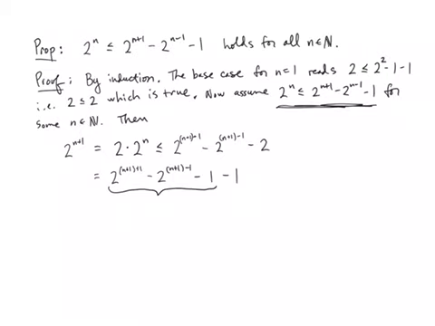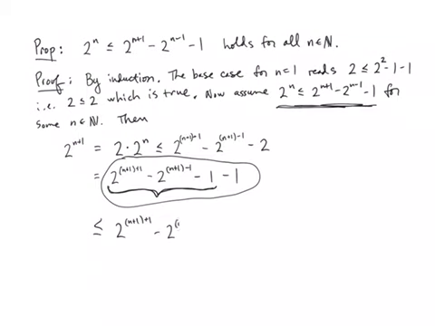So this whole thing here is less than this thing, which is the thing we want. So we can say this is less than or equal to 2 to the n plus 1 plus 1 minus 2 to the n plus 1 minus 1 minus 1. Looking at our left-hand side, that's less than or equal to that right-hand side.